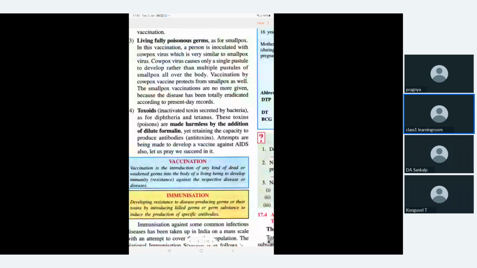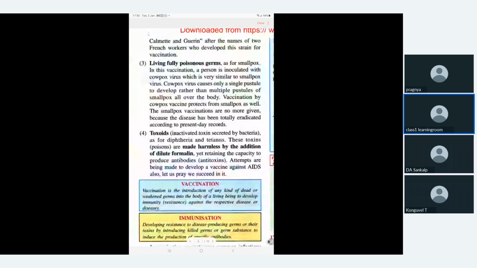And then living fully poisonous germs, as for smallpox, the real pathogens. It is not dead, it is not weak, but as such, the vaccines are administered into the body, and then the blood sample is collected and then it is formulated. So that's very, very important. And then finally, toxoid vaccine.